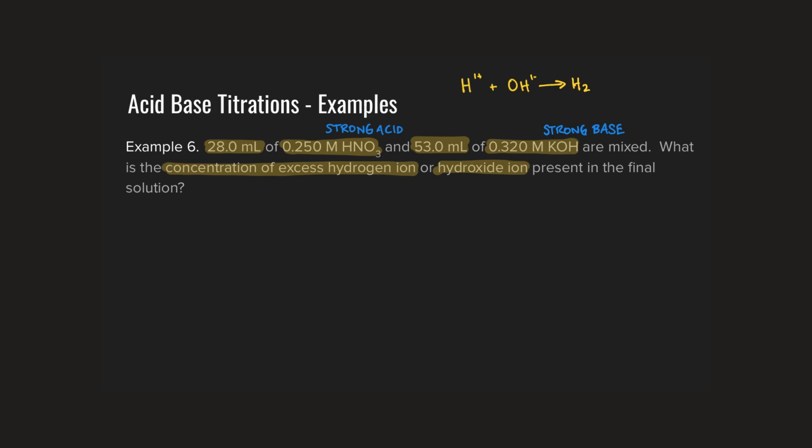So I'm going to save myself some time by skipping straight to the end right there. With that being said, if I know that is going to be my net ionic equation, all that I really need to do to solve this problem is to figure out how many moles of hydrogen ion are going to form from the dissociation of my strong acid.